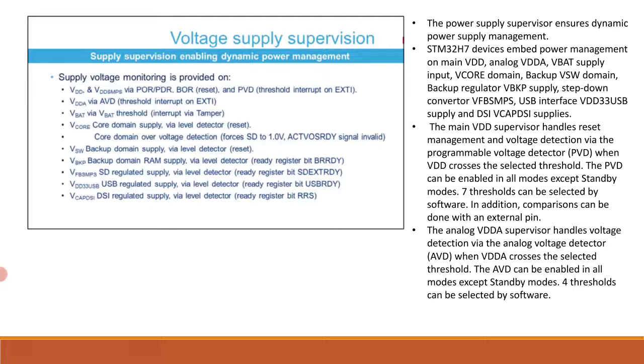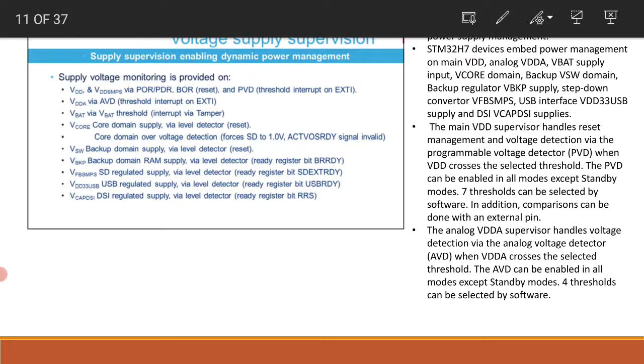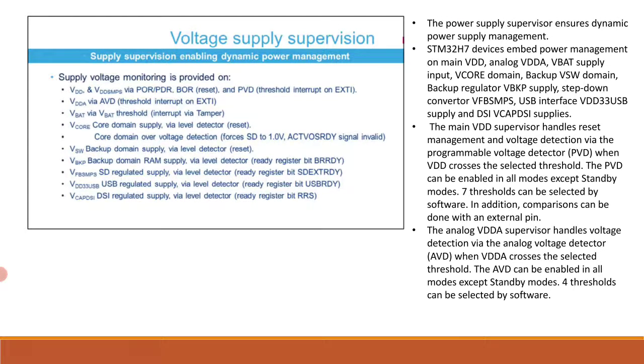The VBAT supply voltage is monitored to detect when VBAT crosses the minimum and maximum thresholds. The VBAT voltage detection function can be enabled in all modes. The main V-core power supervisor handles reset management and overvoltage detection.